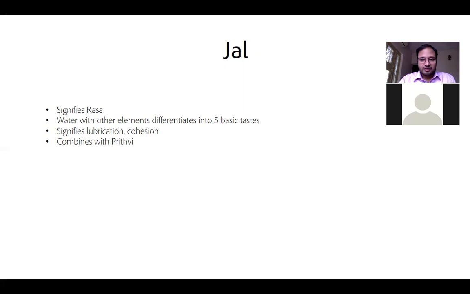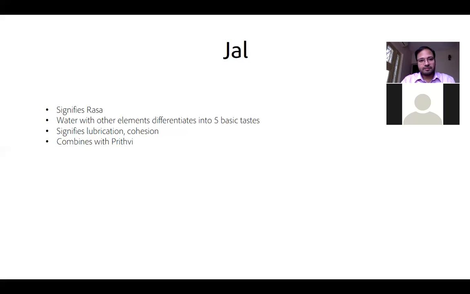So the lubrication of all the joints that are there in the body, and not just lubrication of joints, lubrication of organs like stomach and the large intestine, so that the amla or the acid in the stomach does not corrode the internal lining of the stomach, and so that the stool can pass through the large intestine. That all lubrication is taken care of by jala.